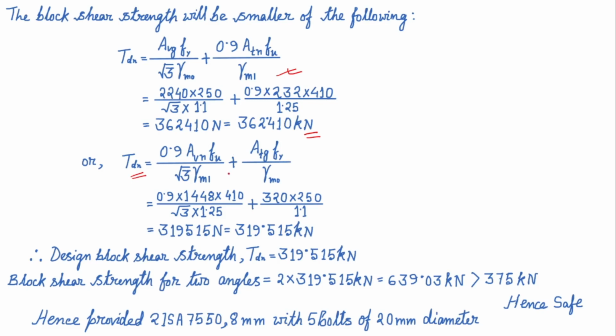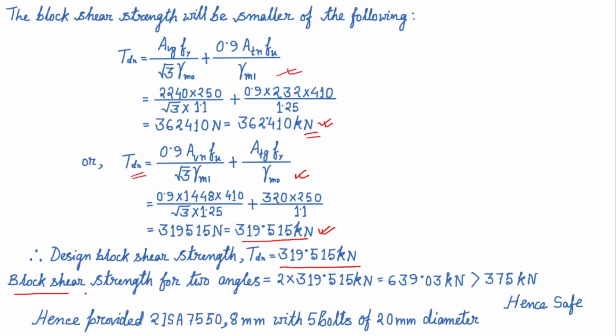0.9 AVN Fu by root 3 gamma m1 plus ATG Fy by gamma m0. Here also I have put the corresponding values. So finally calculated TDN as 319.515 kilonewton, and the lesser of these two values 1 and 2 will be the design block shear strength, which is 319.515.